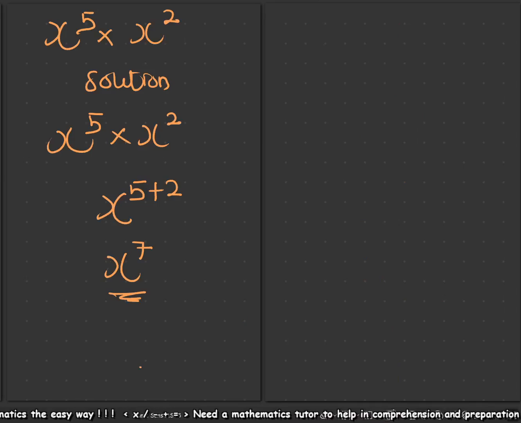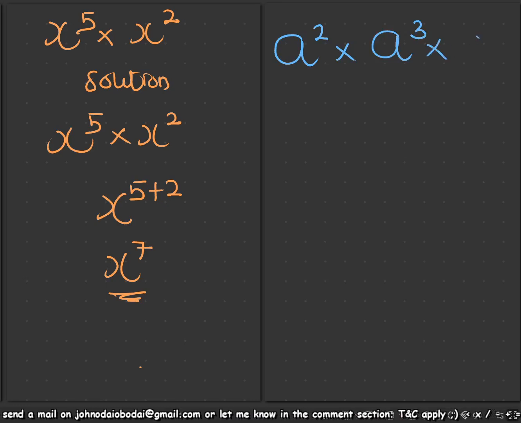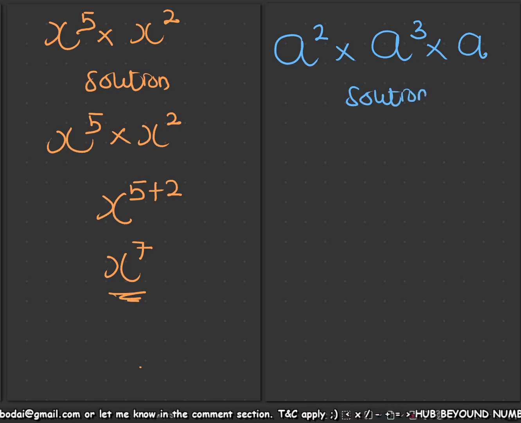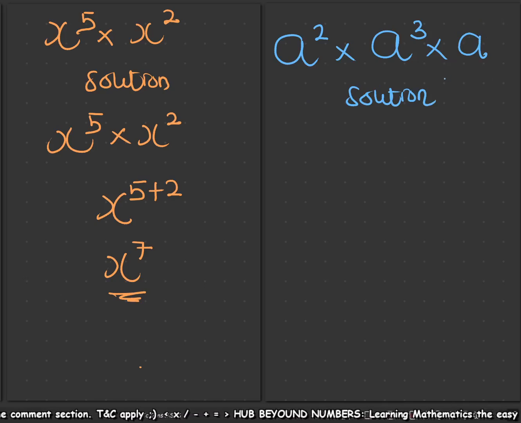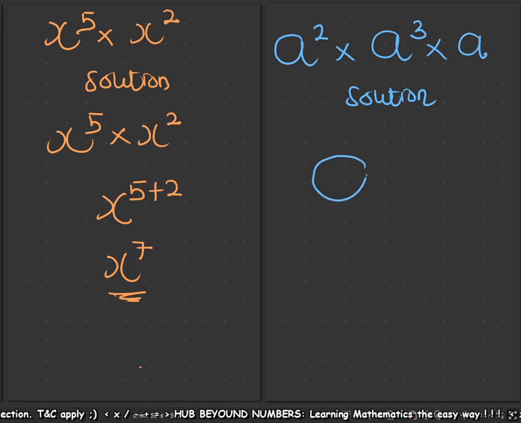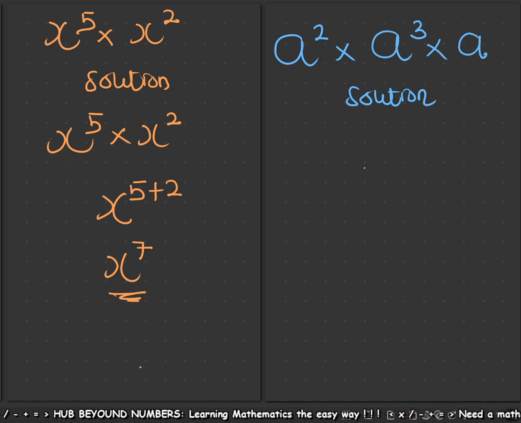You get it? Okay. Let's look at one last example. We are going to take a to the power 2 times a to the power 3, and then times a. Take note that this a has no number. For index notation, anytime there is a base with no exponent, we assume there's a 1 there.